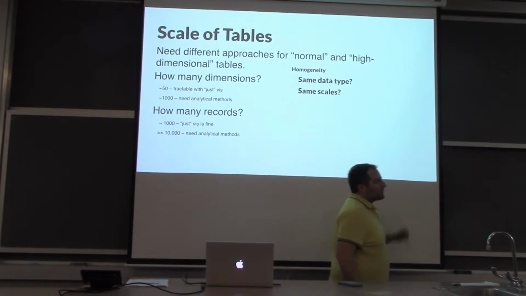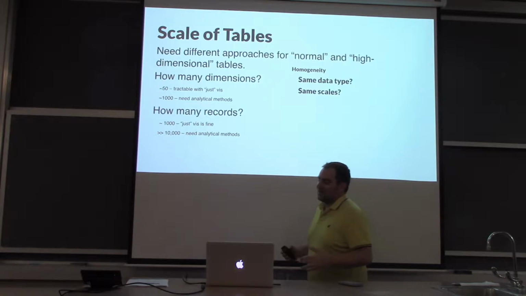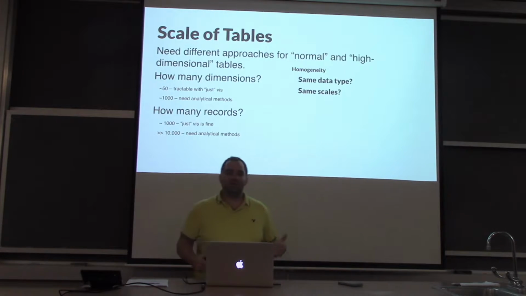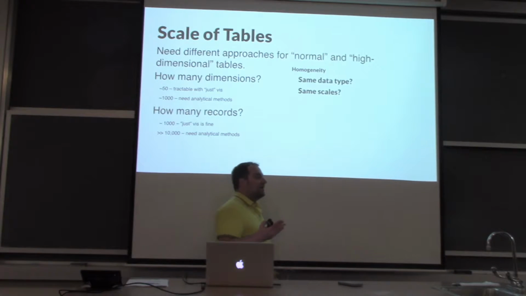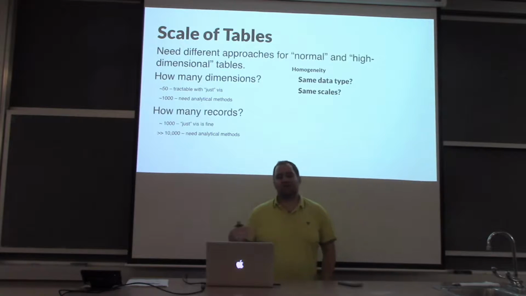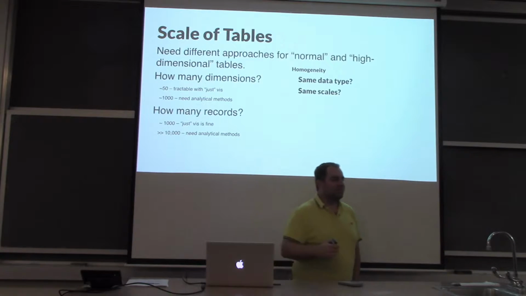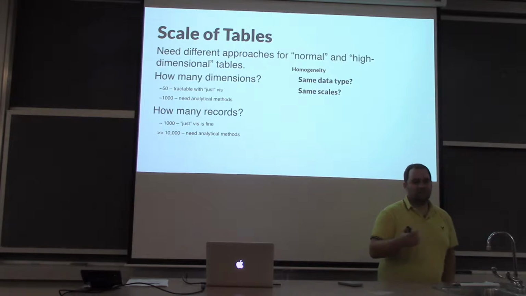What also drives your choices on how to visualize tabular data a lot is the homogeneity of your table. If you have, let's say, a table with blood pressure at several time points taken over the course of multiple years, this is a very homogeneous table, right? All of the dimensions have the same scale and so on.